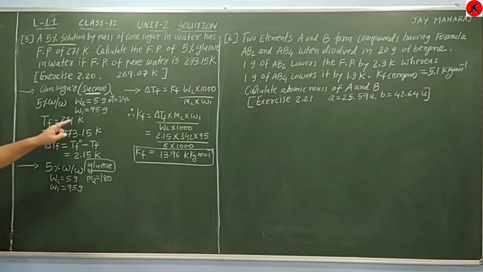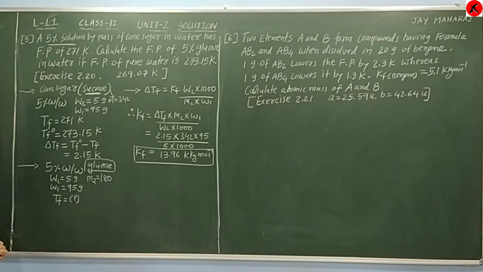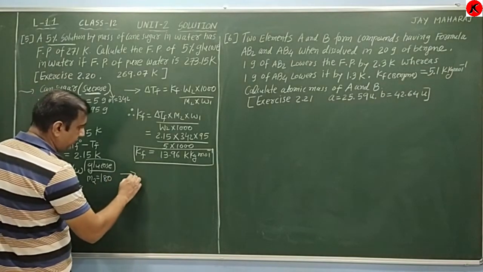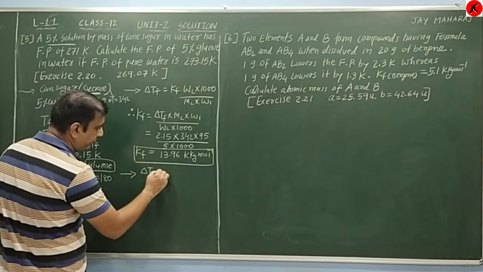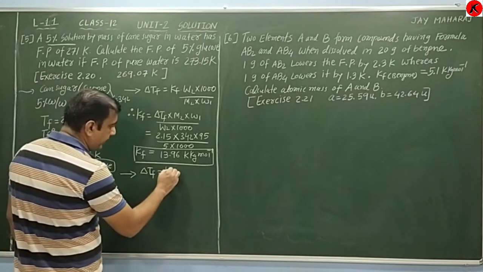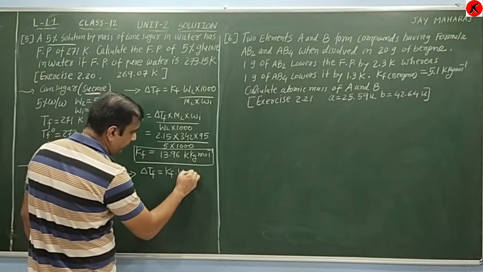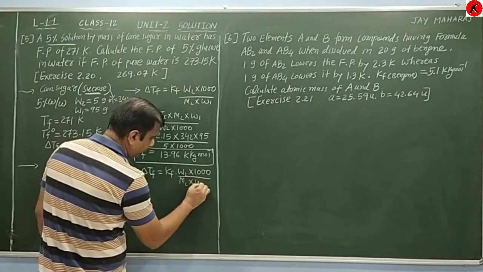Now we have to calculate the freezing point. That means first we calculate the delta TF, and then we are going to calculate TF. So first we will calculate delta TF. That means apply the formula: delta TF equal to KF into W2 into 1000 divided by M2 into W1.